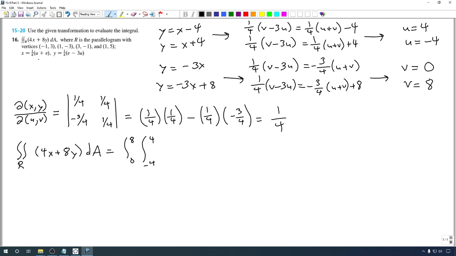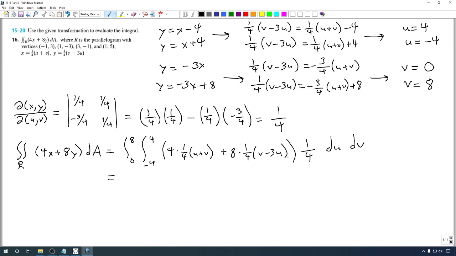We're going to need to put our values in for x and y. So we have 4 times 1/4 u plus v plus 8 times 1/4 v minus 3u. That is going to be multiplied by our Jacobian of 1/4 du dv. And notice here, I make sure to put the u here so that my du is first. I could have swapped these just fine.